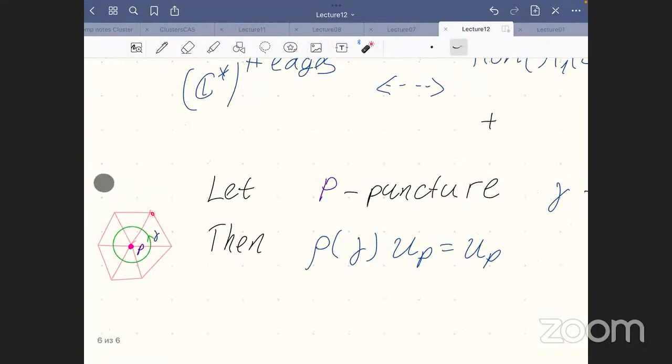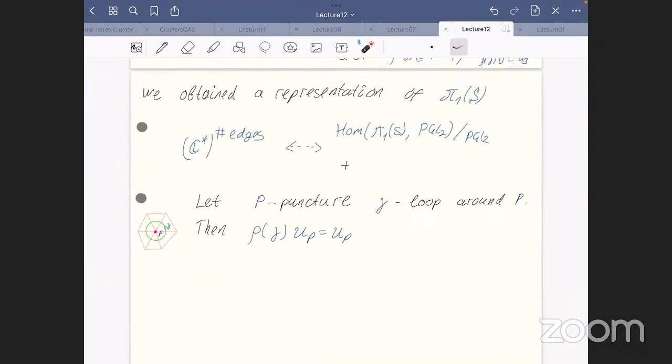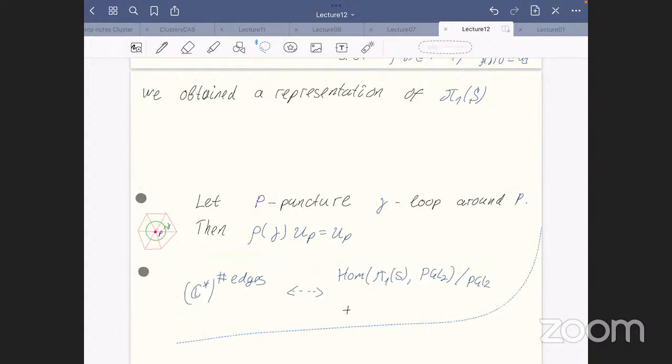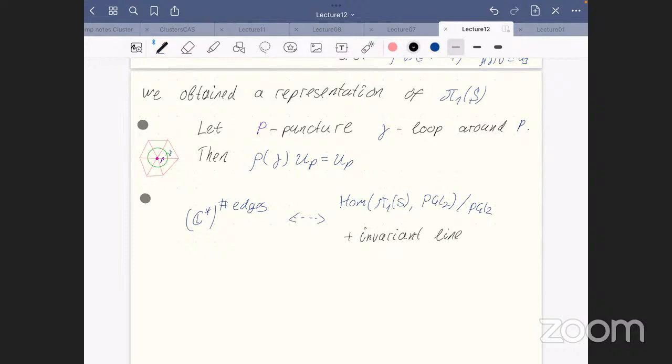Because when we go in this direction, we recompute all other flag lines, but the line assigned to point P remains intact. So this is this additional condition. So we also picked an invariant line in each puncture.